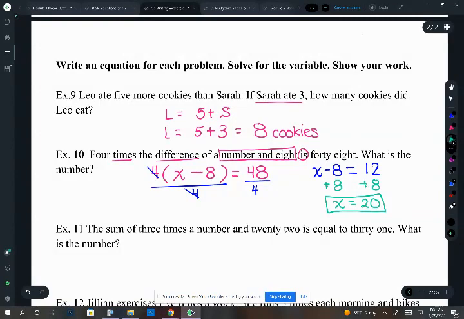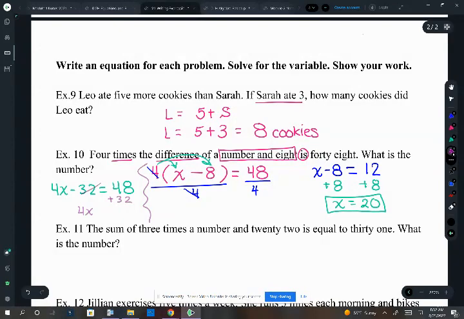If you had done the distributive property first, you're still going to get 20. It's just a little bit different because you would have gone 4x minus 32 is equal to 48. Same idea, you would add 32 to both sides.